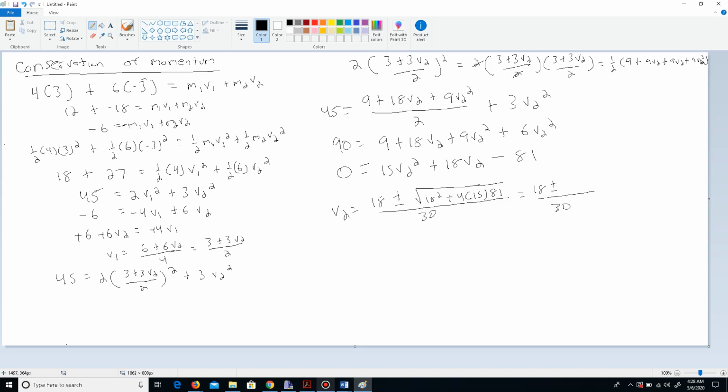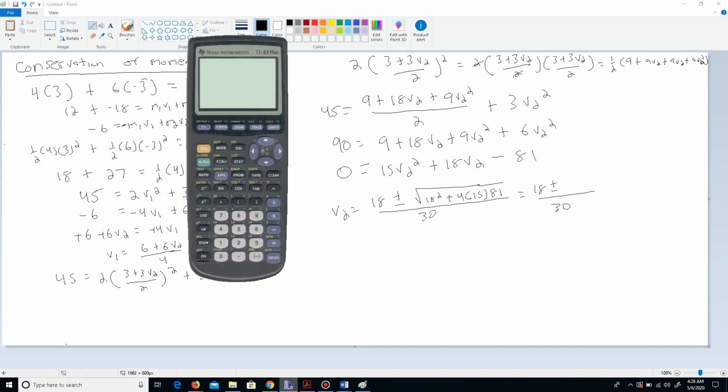Let me figure out what's in the radical there. 18 squared plus, let's see, 60 times 81. We have the 60 from 4 times 15. So 5184.